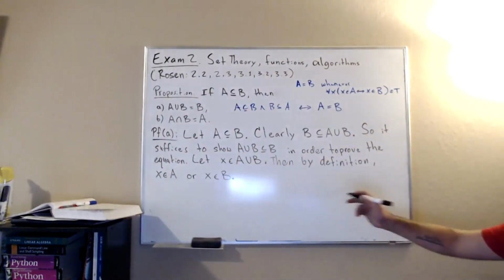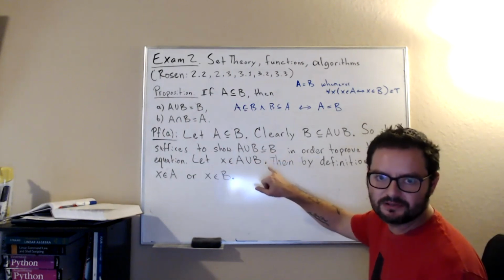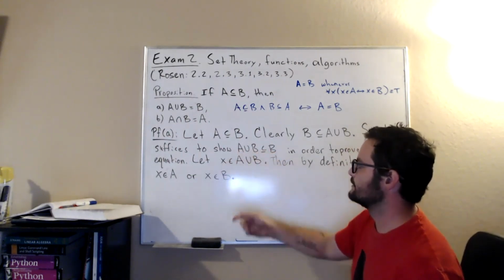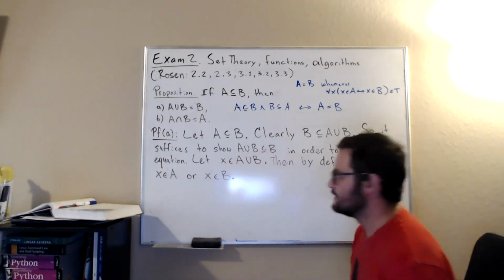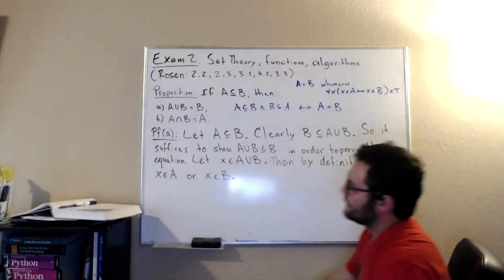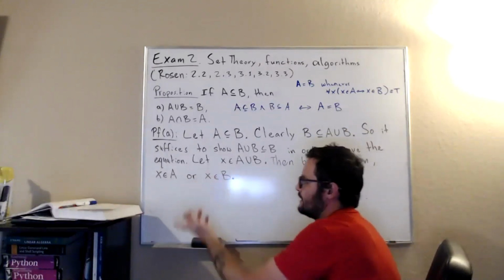In order for that X to be in the union. And our goal is to show that X must be in B, right? Taking X in there, you want to show that it's in there. That's the whole point of doing that. So if X is in there, then X is in A or X is in B. Now, I'm going to suppose by contradiction it's not in B.